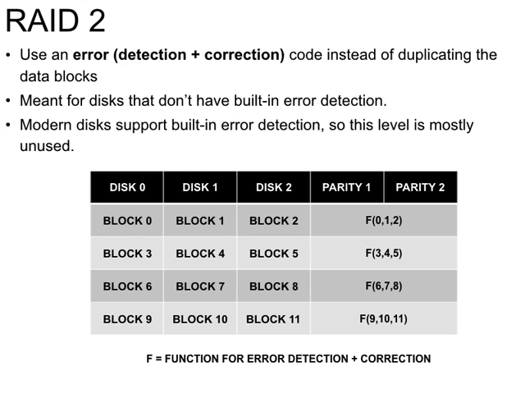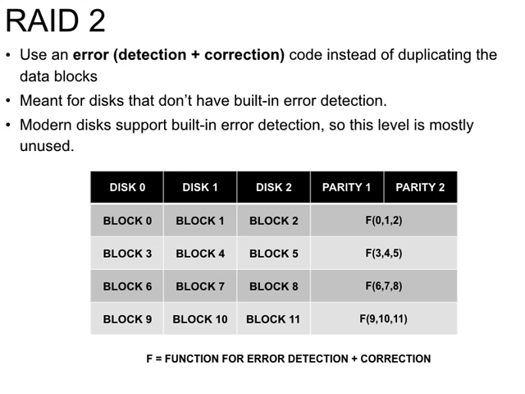So we have to perform error detection and correction. Many years ago, disk technologies did not have built-in error detection. So as a result, RAID 2 focused on providing both error detection and error correction.